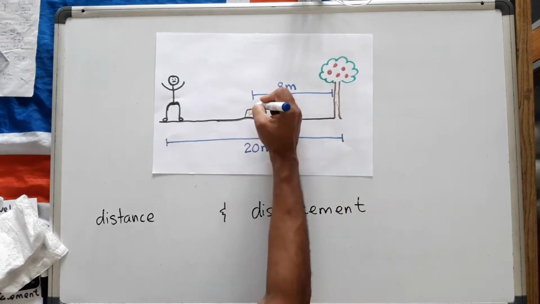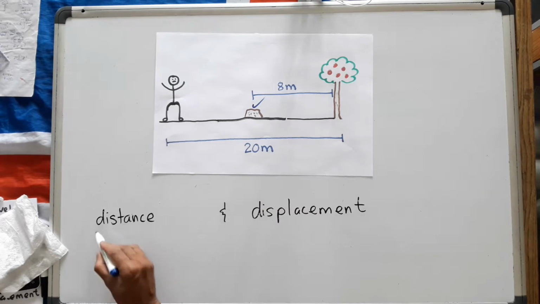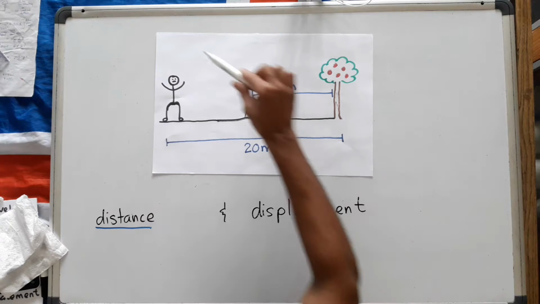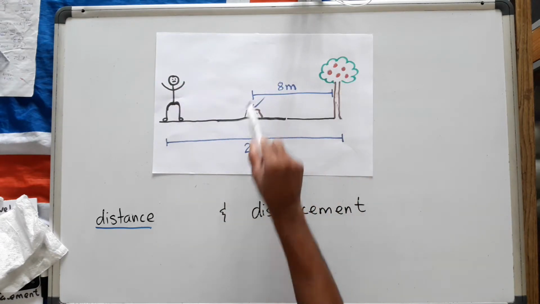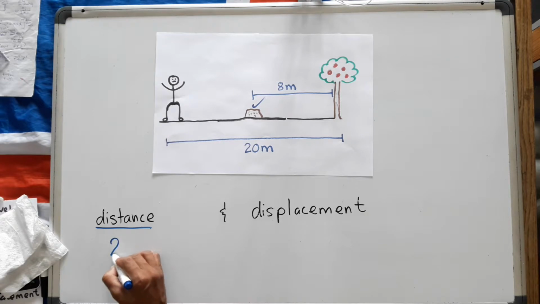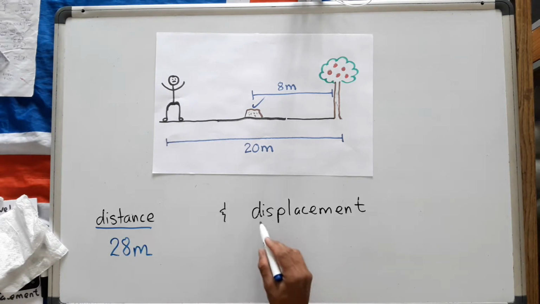If he ended up here, what distance did he walk? Well, from here to here is 20. So he walked 20, then he walked 8. So his distance is 28 meters. But what is his displacement?